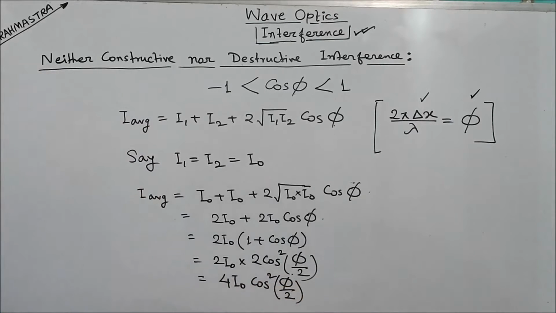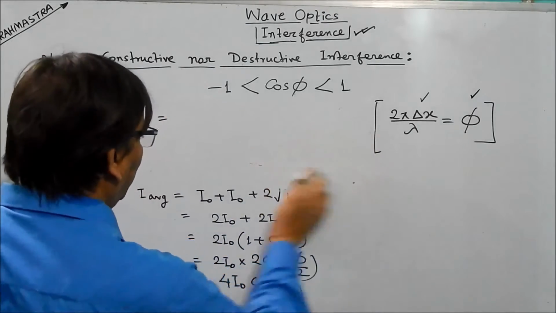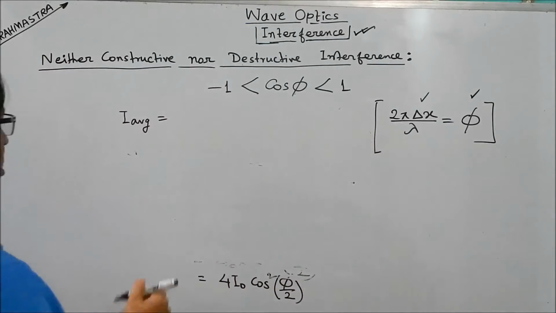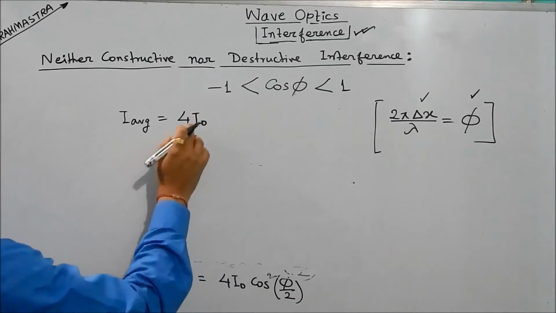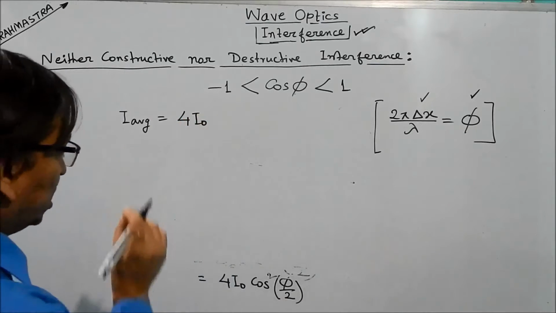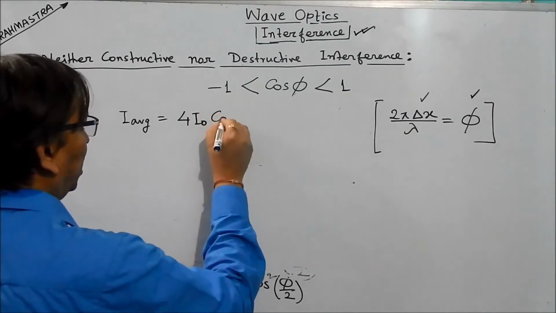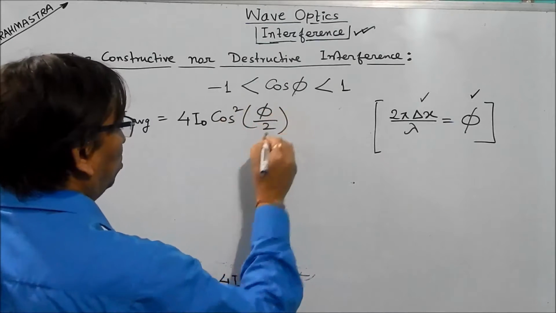That means if the value of phi is in between -1 and 1, then you get the value of I average as 4 times the intensity of the individual slit or individual source multiplied by a term, that is cos square phi by 2.